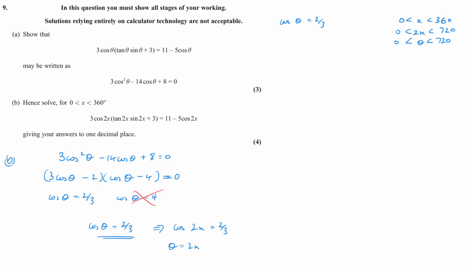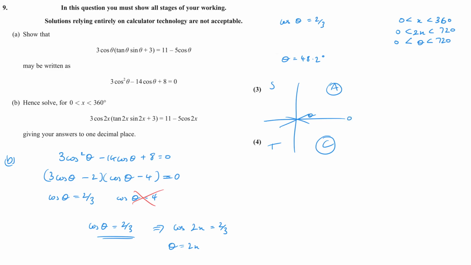So cos theta equals 2/3, theta equals 48.2 degrees. And then cast rule, cos theta is positive, so it's here and here.